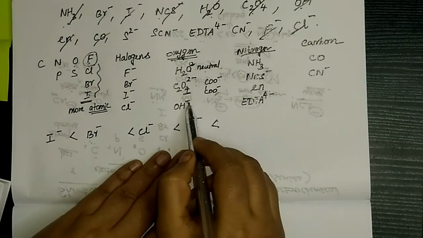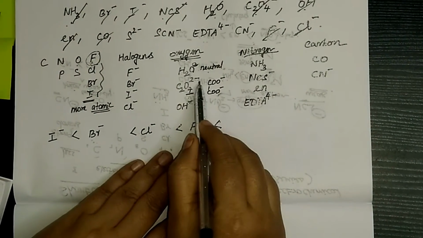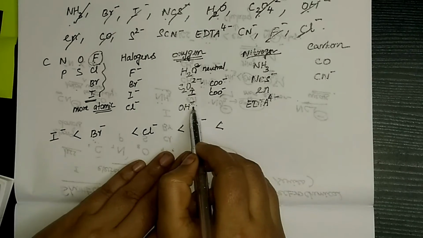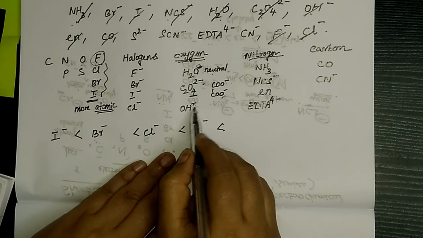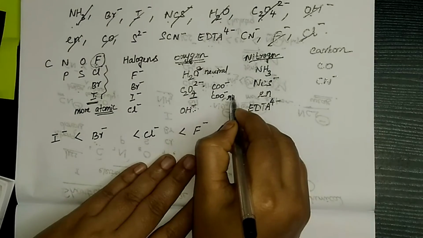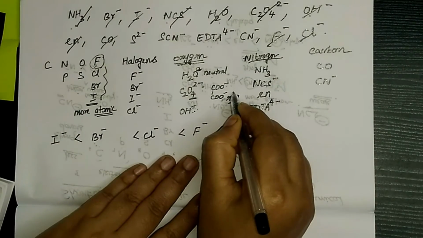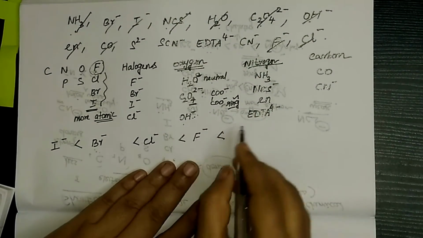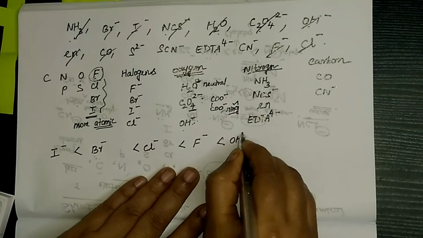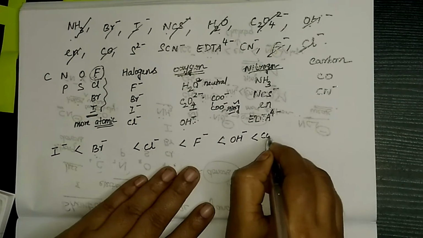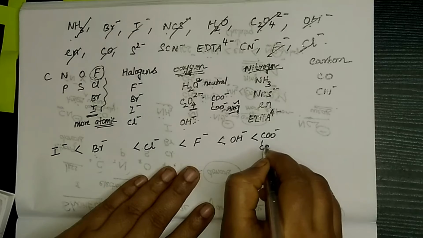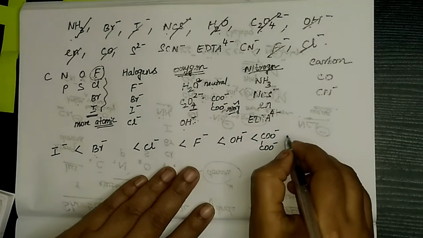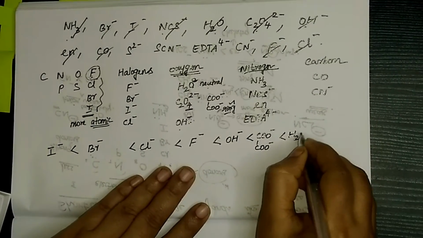So you have two negative ions here. This is also a negative ion, that is anion. This is also an anion. Now which forms a ring? This forms a ring. So this is comparatively stronger. So OH minus is weaker, and then comes COO minus, that is oxalate ion, and then comes neutral.